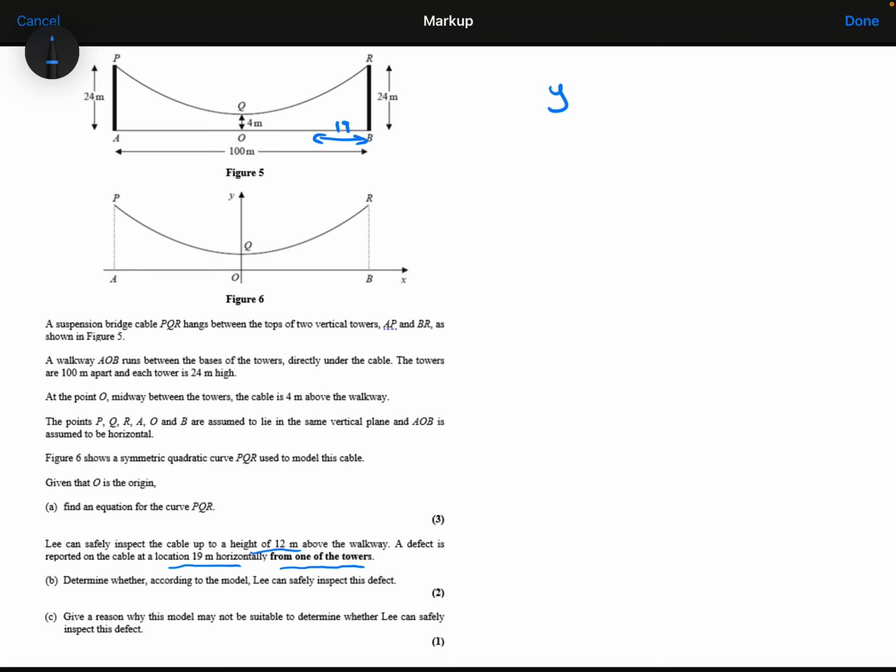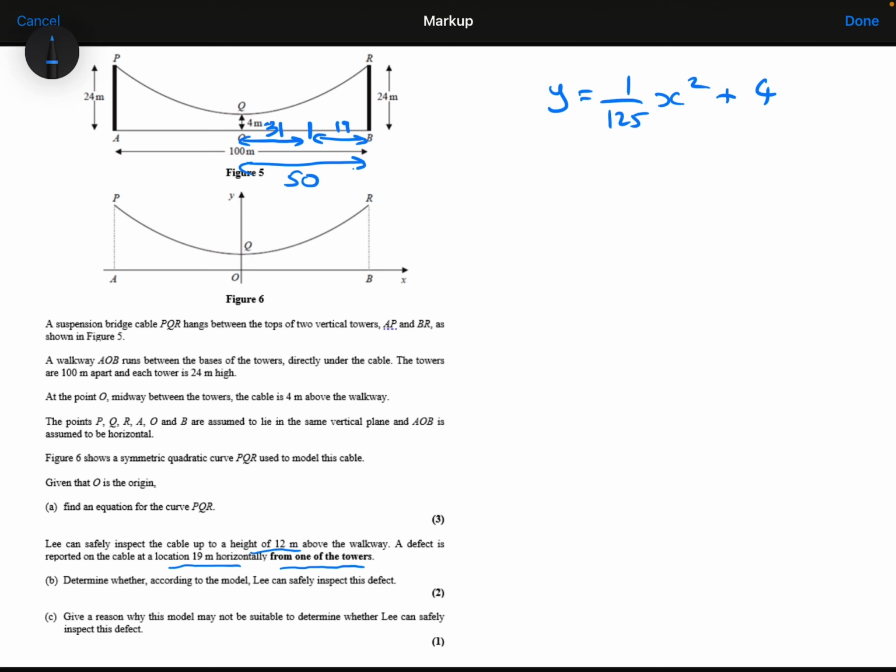So remember, the model was this. And we're thinking, what's the x coordinate here? Well, we know the whole thing is 50. And it's 19 metres from the edge, so x would be 50 take away 19, which is 31.